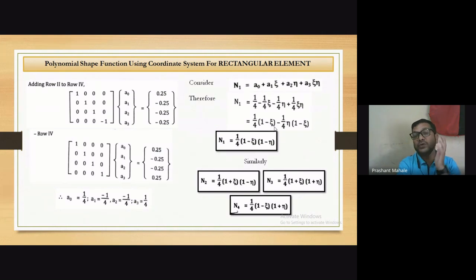Even if you don't remember how this derivation is derived, it is necessary to remember all four equations that you receive in case of the rectangular element, three equations in case of the triangular element, then in case of a beam element, n1, n2, n3, n4, n5, n6.